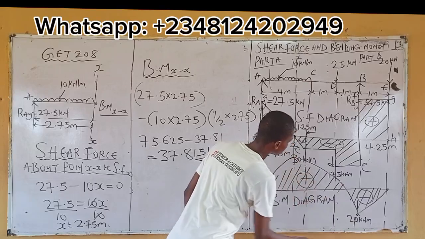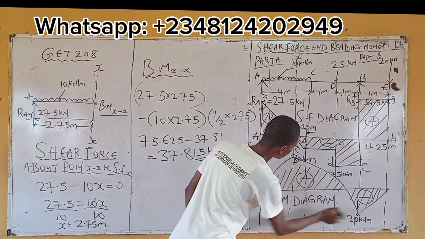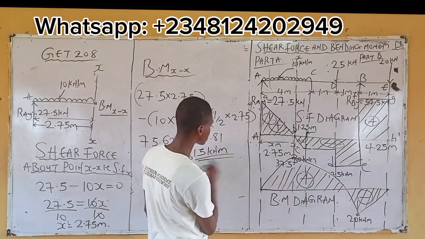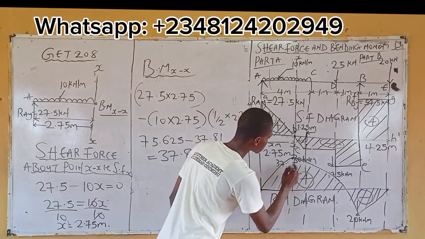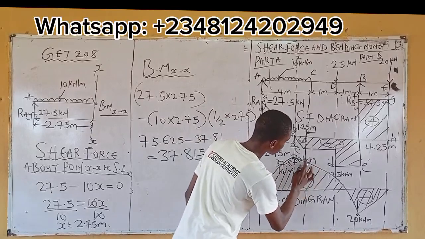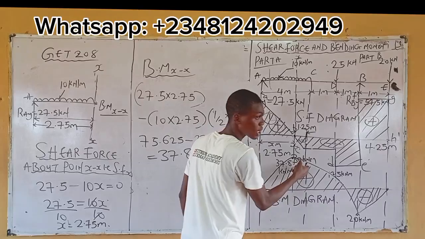So you have something like this. This should be your 37.815. And this should be your 30 kilonewton. Can you now see that this point is greater than this?